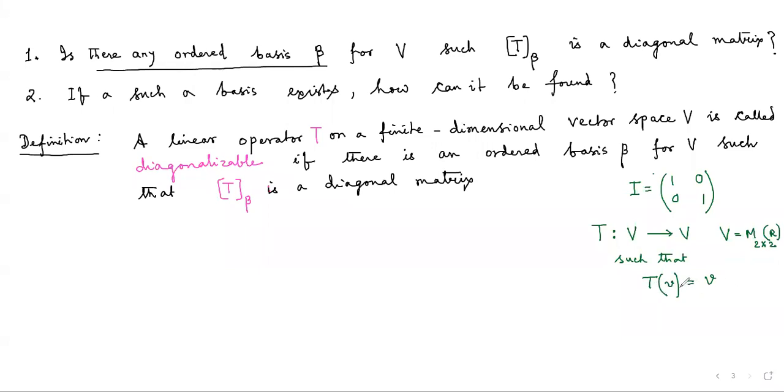And you see, if you try to find out the matrix representation of this, T(V) equal to V, then you will find that, of course, it will become the same as 1 0 0 1. Okay, so how can I find this matrix representation? What is the basis beta for M2 cross 2 R?